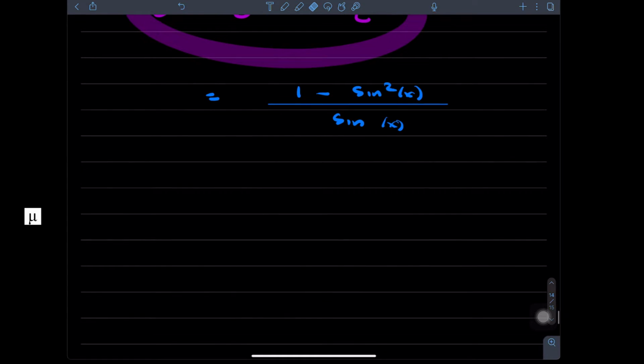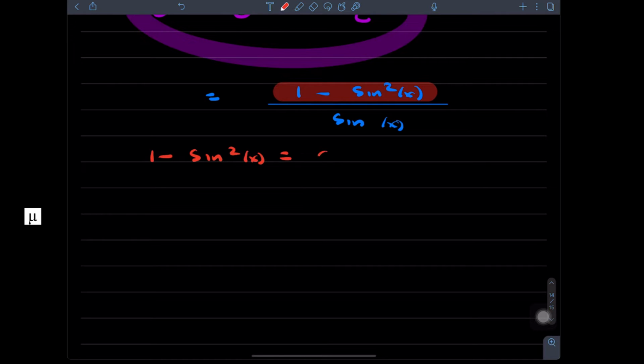Now, remember what we also saw yesterday, right? Remember this numerator here? What did we see yesterday? What do you think that's equal to? It is equal to cosine squared. How do you know?